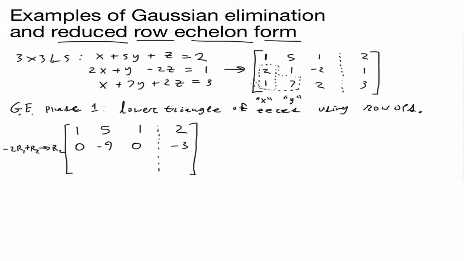All right, now I need to make a 0 there, so what I'm really going to do is take negative row 1 plus row 3, and that's going to be a new row 3. So that will, by definition, deliver us a 0 in that row down there.